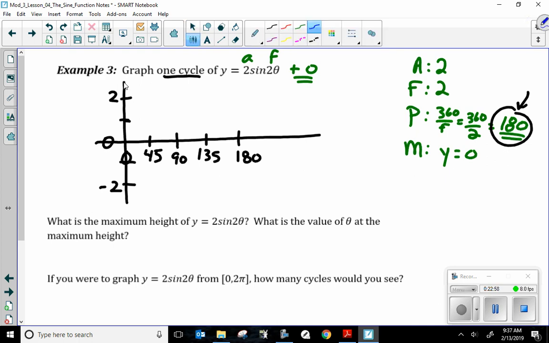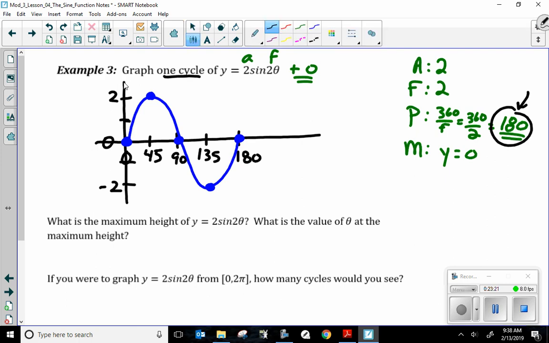Once again, I know that sine starts at the midline, it ends at the midline, and in the middle, it's also the midline. Now, this isn't negative. It's a positive sine function, so it's going to go up in between the first two dots and down in between the next two dots. So that's what one cycle looks like.